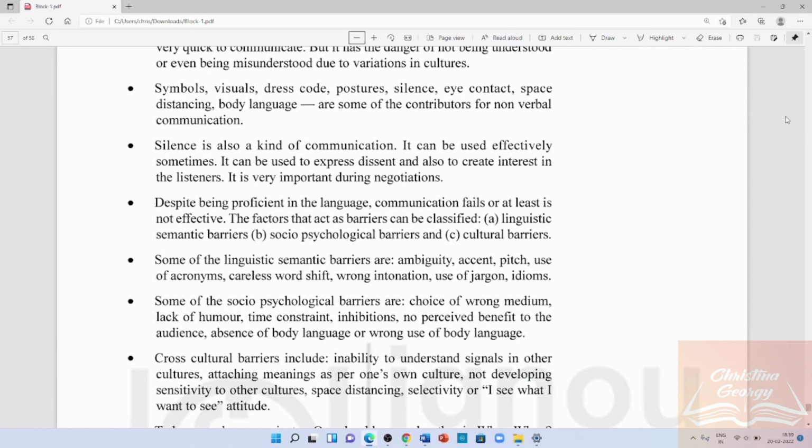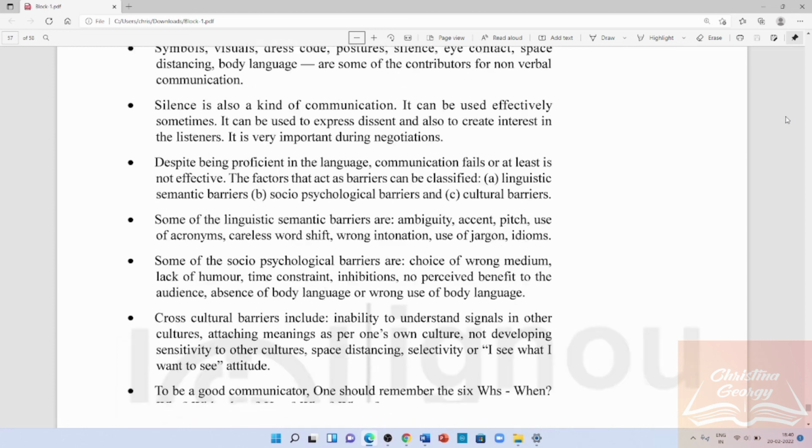We may use the oral mode or written mode as per the occasion. Non-verbal communication cuts across language barriers. Symbols, visuals, posters, silence, eye contact, proximics, body language all form part of non-verbal communication. Silence is also a kind of communication.